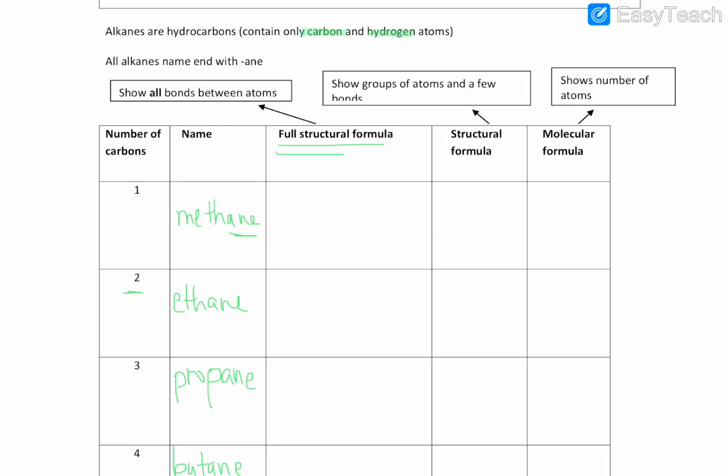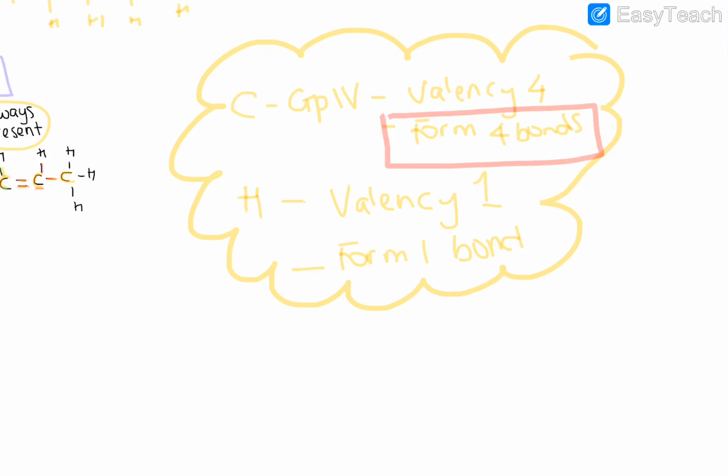Now, the structural formula shows all the bonds between all the atoms. Methane has one carbon, so let's draw the one carbon. Because alkanes are hydrocarbons, they contain carbon and hydrogen only. Remember when I told you that carbon is in group 4? Carbon is in group 4, which means it has valency 4, so it will form only 4 bonds.